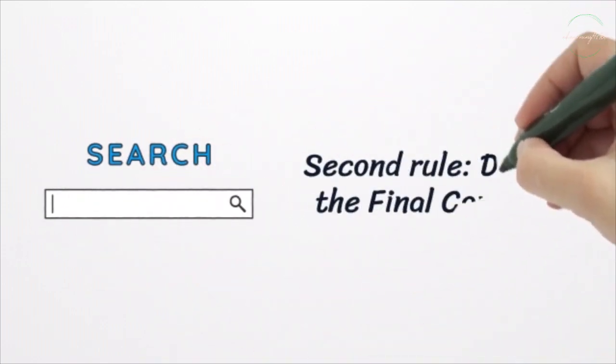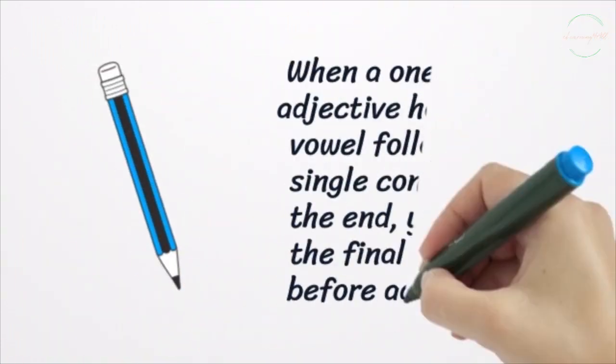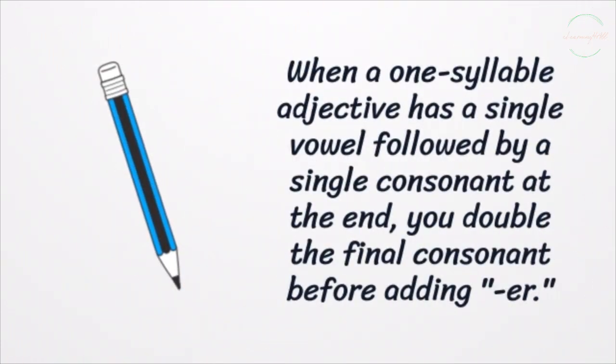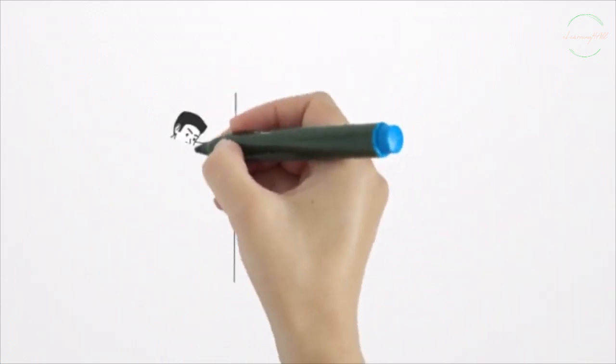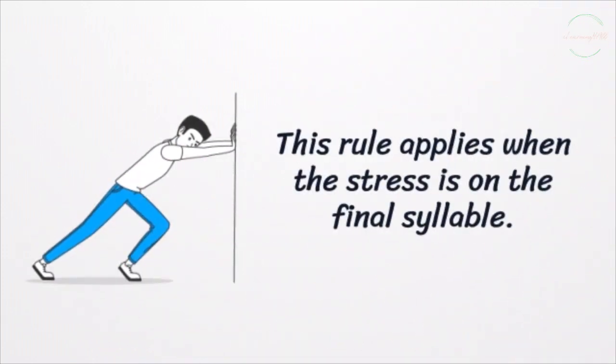Second rule, doubling the final consonant. When a one-syllable adjective has a single vowel followed by a single consonant at the end, you double the final consonant before adding -er. This rule applies when the stress is on the final syllable.